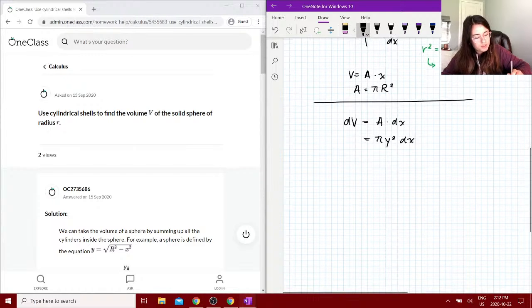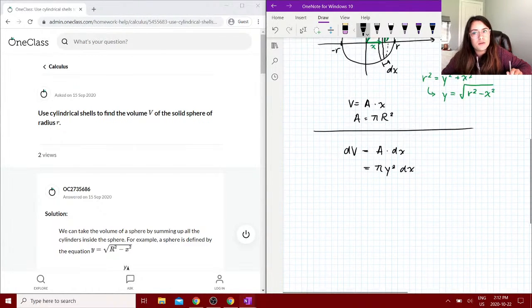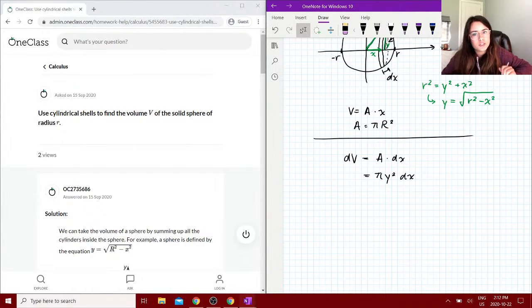Now what we're going to do is take the integral. So the integral on that side doesn't necessarily have to be specified, since the only thing that we have there is dV. On the other side, however, we're going to say that the integral is taken from x equals r to x equals minus r.